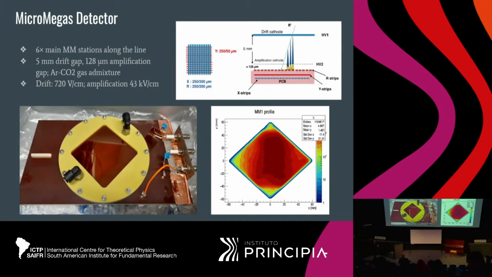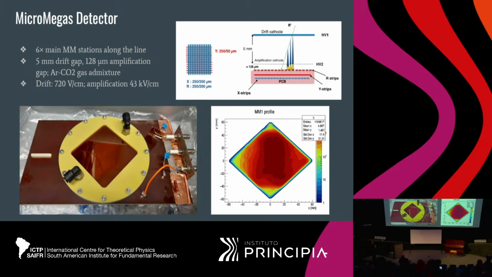So the tracking stations in NA64 are made by different detectors. One that I want to show you here is the so-called Micromegas detector, which is a detector based on this principle. You have a gas enclosed within a surface.